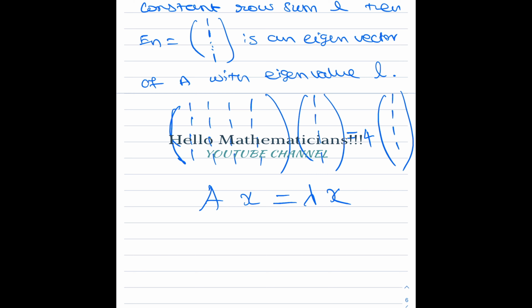If you simplify the left hand side, you will get a vector. The LHS is equal to, multiplying this into this, you will get 4, 4, 4, 4. You will get everything 4.